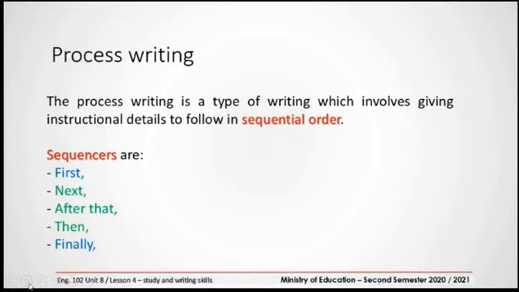Now you have only 5 sequencers, but you can use next, after that, then, multiple times for the 10 steps. But first and finally should always come, first at the very beginning, and finally at the very end.